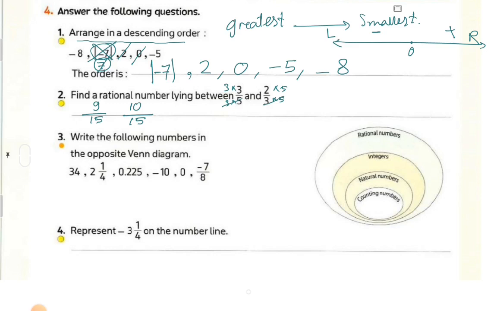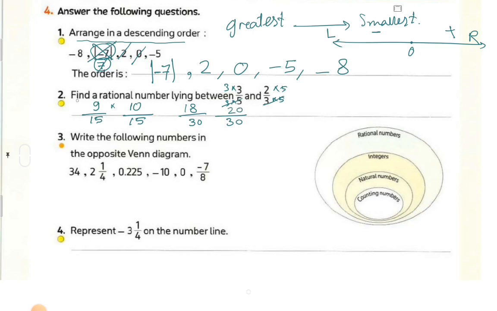What he asked us about is a number lying between. We have 15 and 15, it's okay, but between 9 and 10 there is no integer in between. We need an integer. So I need to make the denominator bigger, to increase the denominator by multiplying by 2. 15 times 2 equals 30. 9 times 2 equals 18. 10 times 2 equals 20.